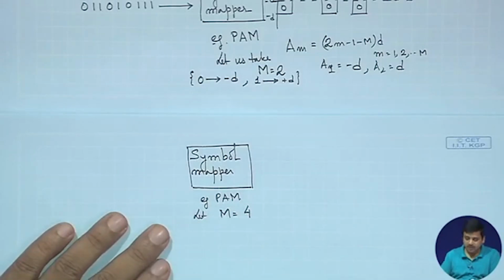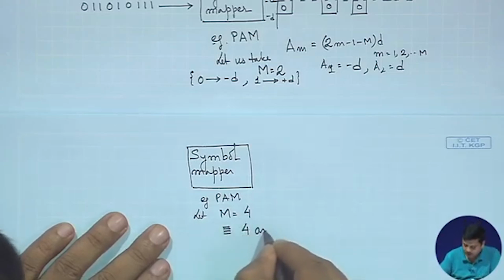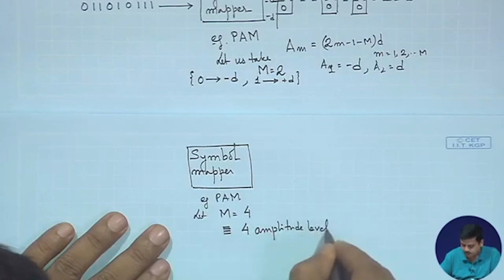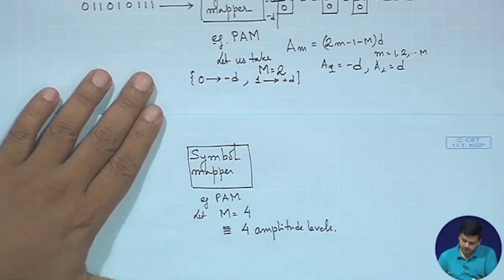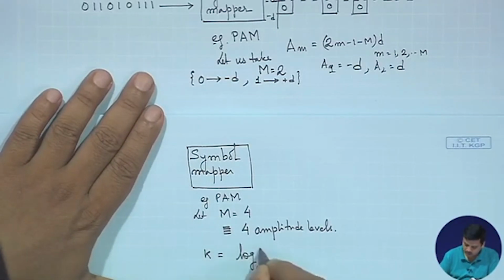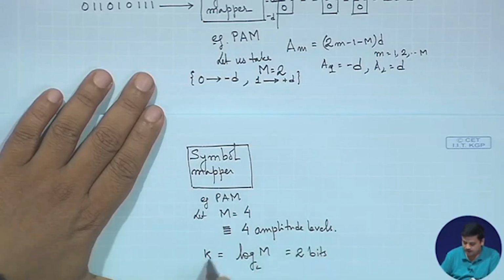So, when I say M is equal to 4, this implies that there are 4 amplitude levels, right. So, if there are 4 amplitude levels, that means k is equal to log base 2 of M, which is equal to 2 bits. That means now we are going to select the amplitudes using 2 bits.